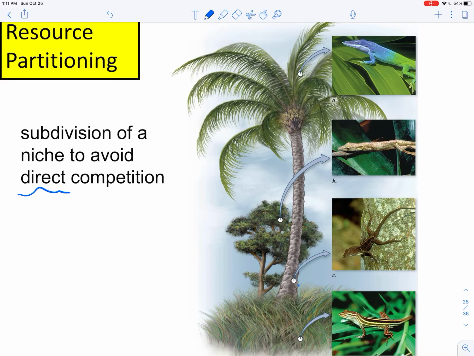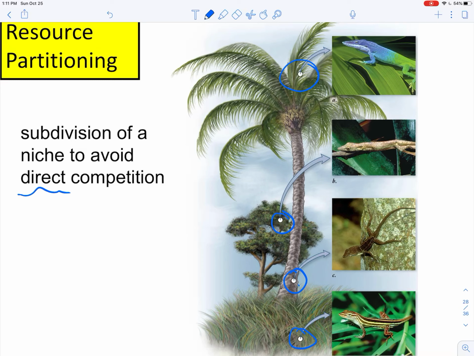So present day, we have this Anolis lizard here that spends its time in the canopy of this palm tree. We have this Anolis lizard that spends its time on another type of tree species in the canopy. This Anolis lizard spends its time on the base of the tree, or the trunk of the tree, I should say.